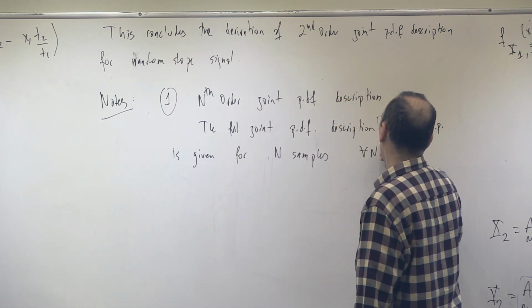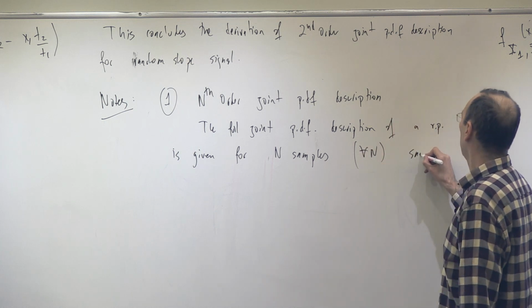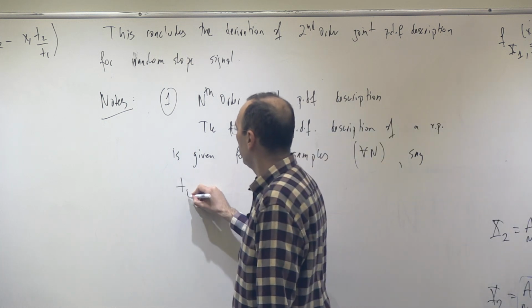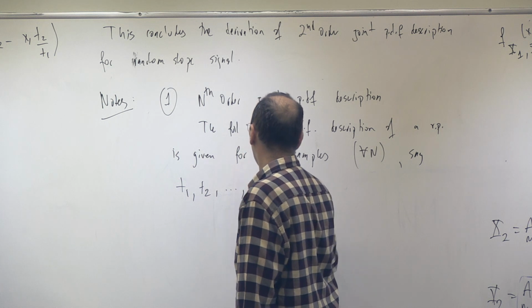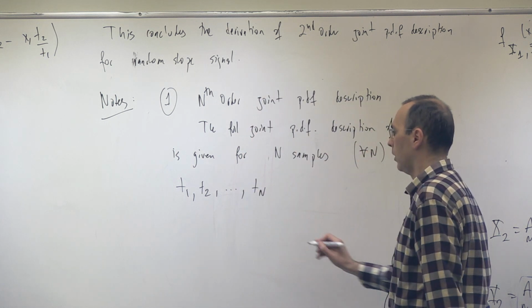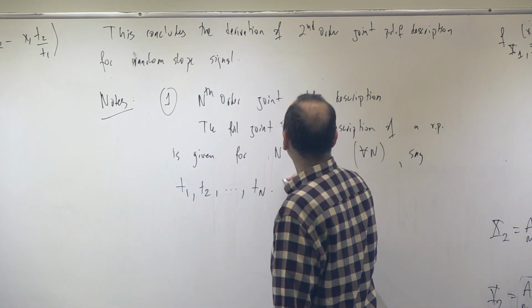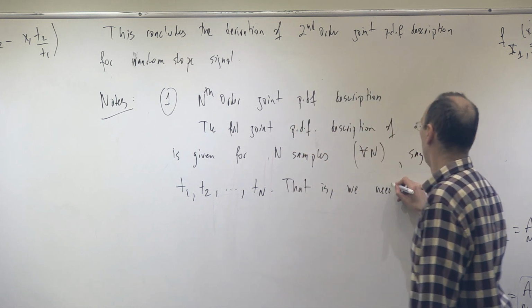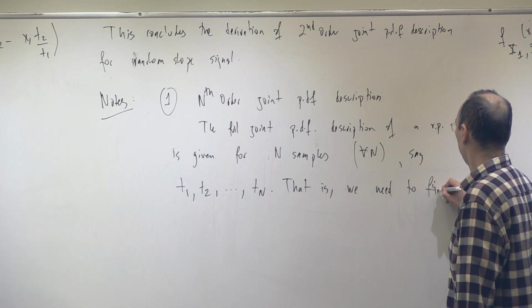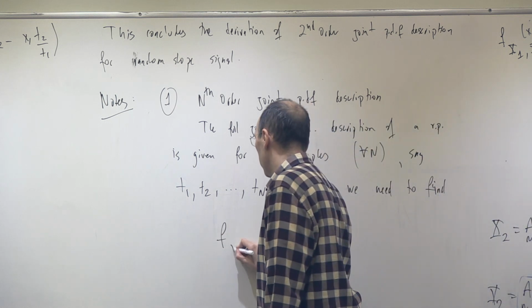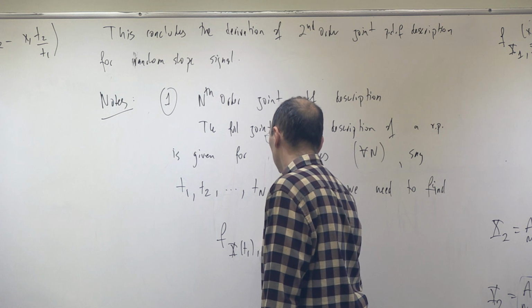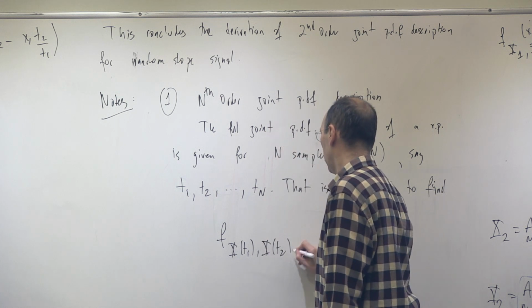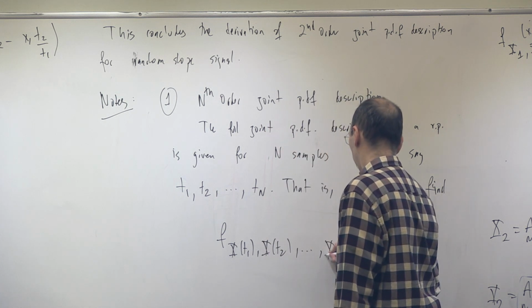Actually, this is for all n, say T1, T2, up to Tn. That is, we need to find the density function, the joint distribution of all of these.